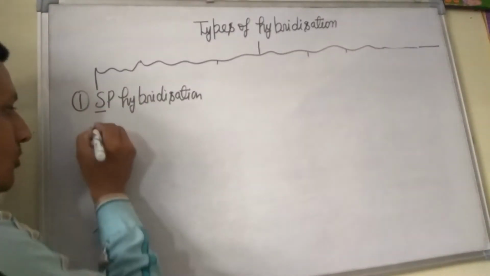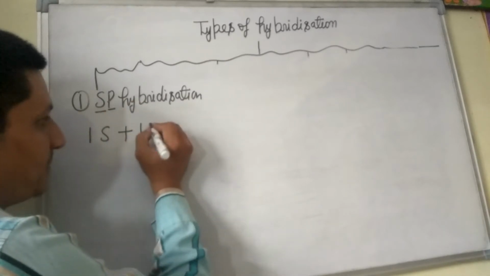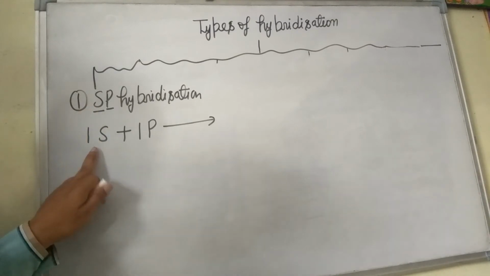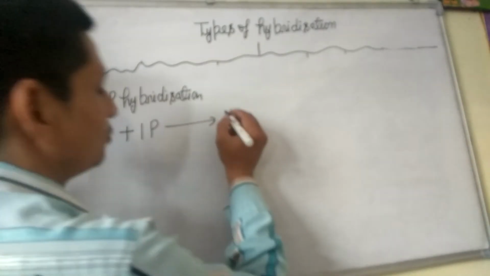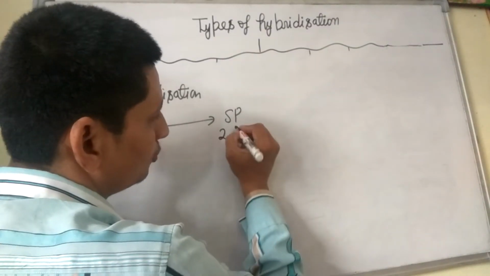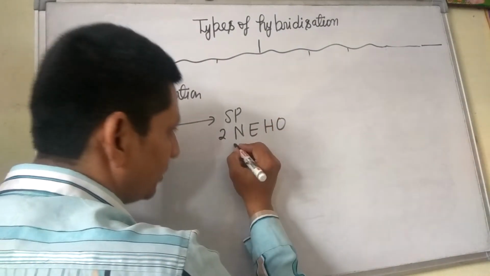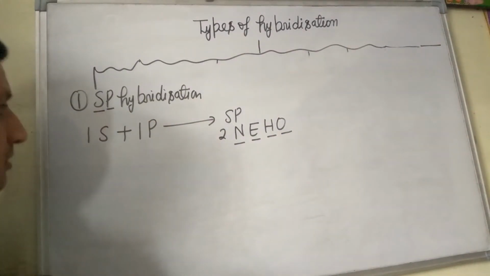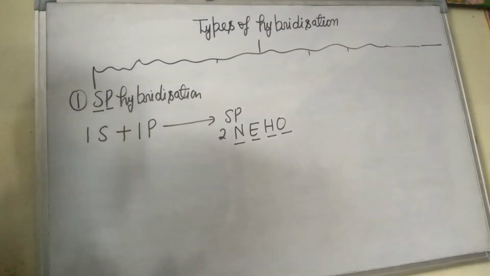When one s orbital and one p orbital mix together to form two NeHo, NeHo means new equivalent hybrid orbital, this is called sp hybridization.